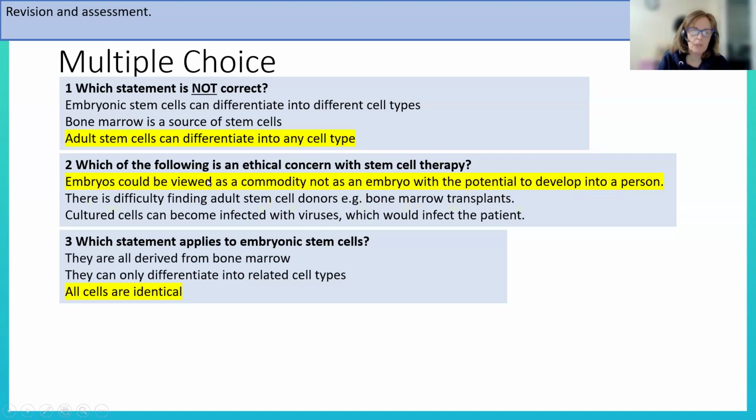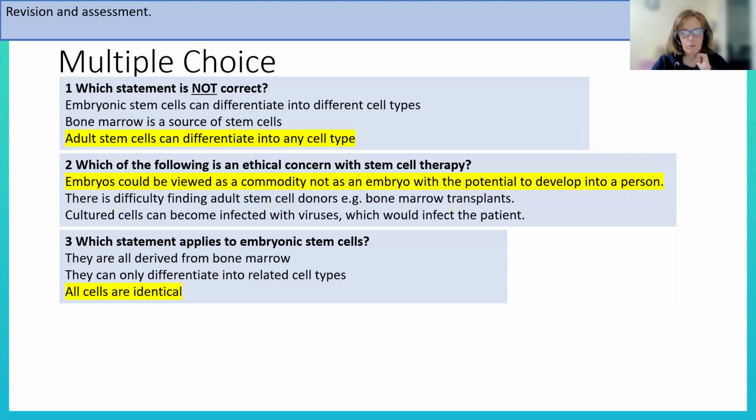Embryos could be viewed as a commodity, not as an embryo with the potential to develop into a person. So people might start to see embryos as spare parts, and then women will be put at risk because eggs will need to be harvested. Vulnerable women would suffer.